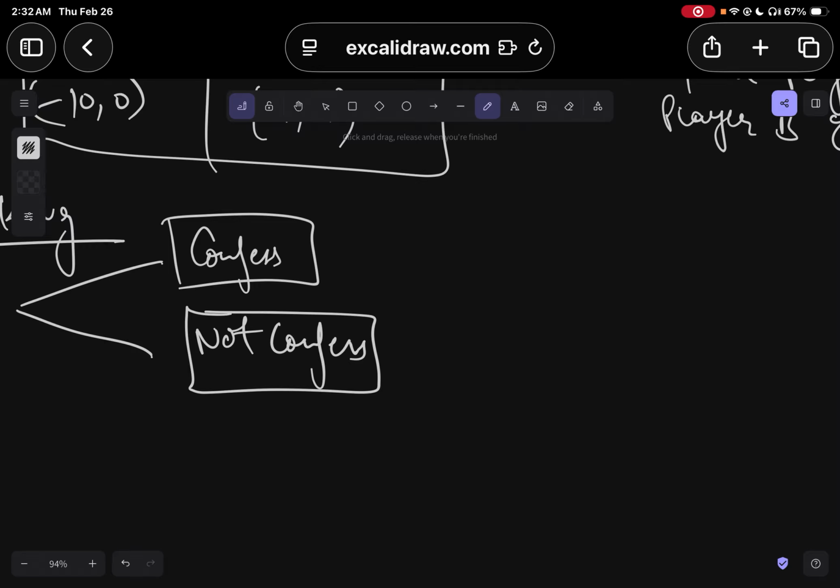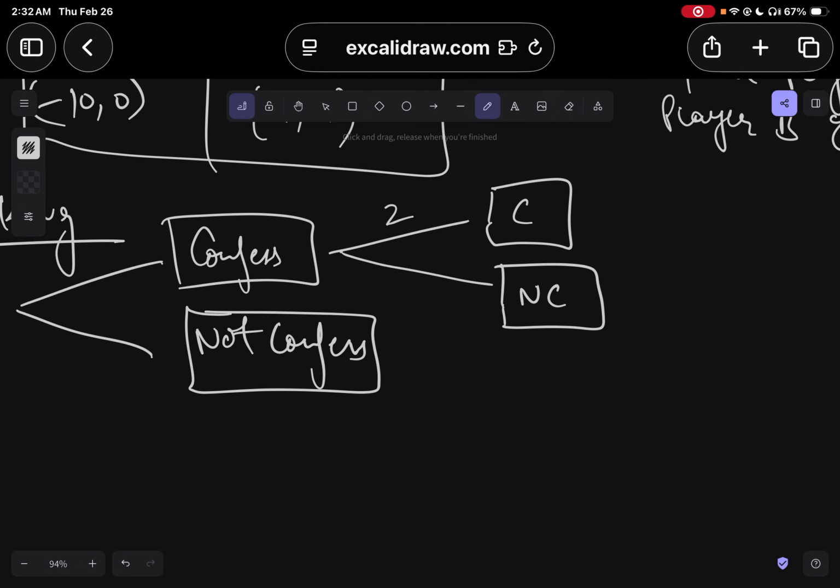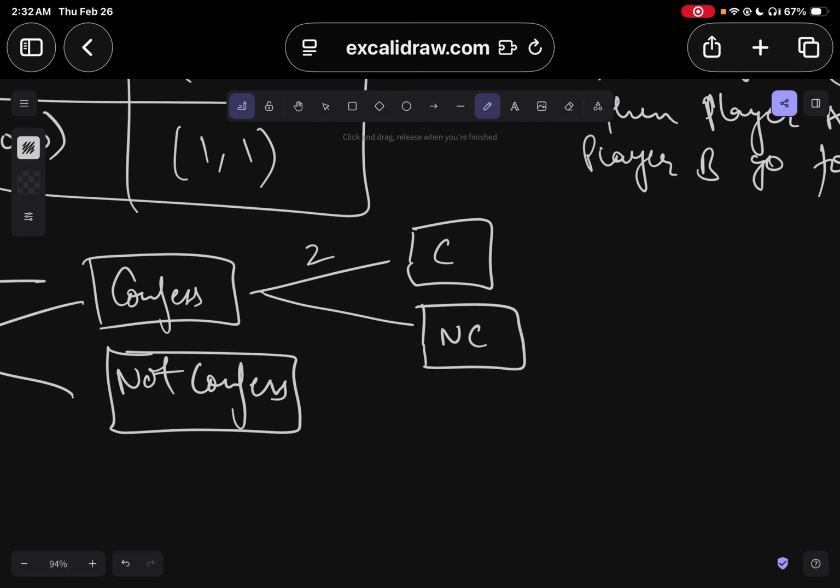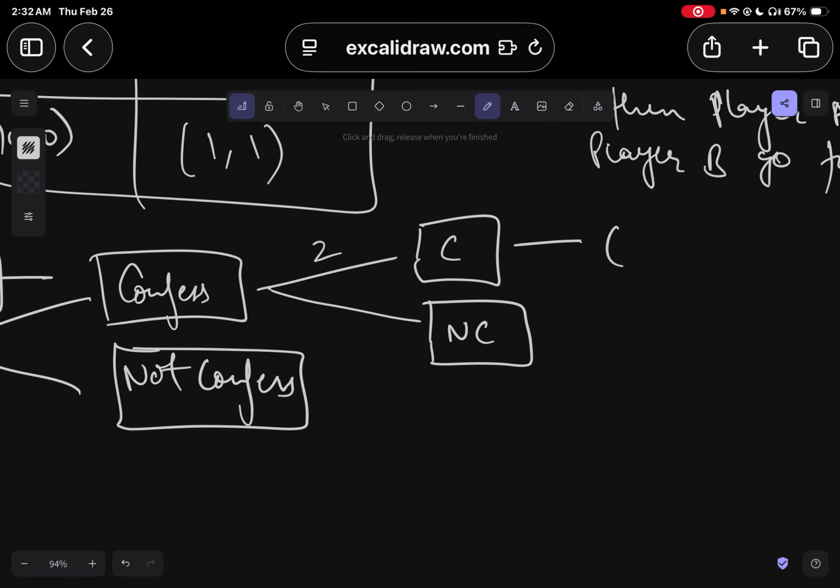So if I confess, then player 2 can do either confess or not confess. If both of them confess, then it will be negative 5 years in prison. But if player 1 confesses and player 2 does not, then player 1 will be set free and player 2 will go for minus 10 years.